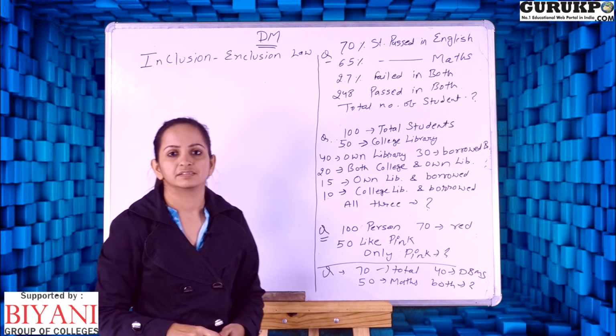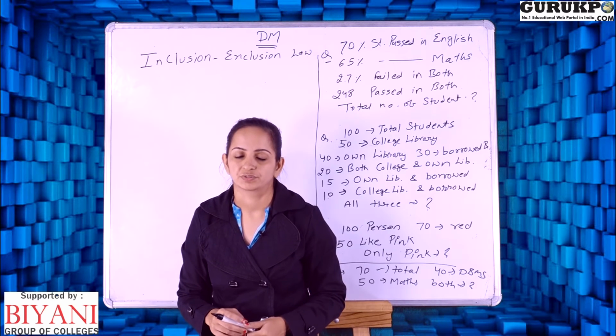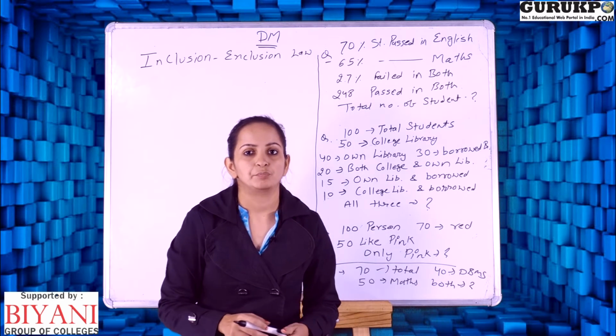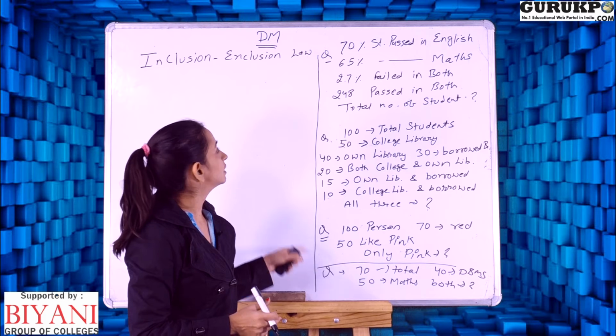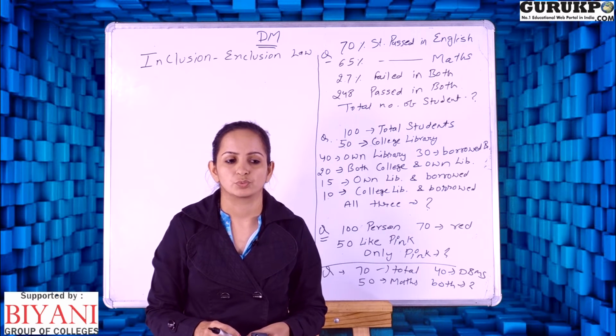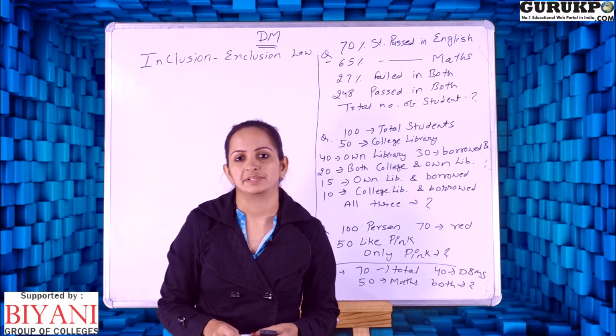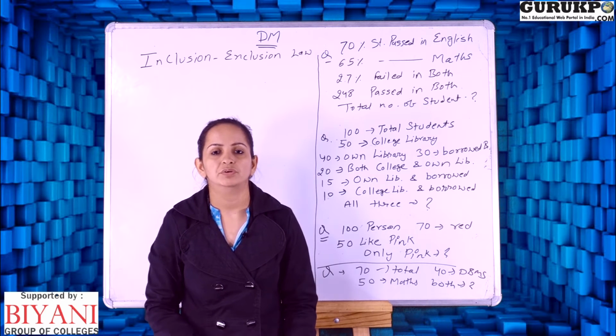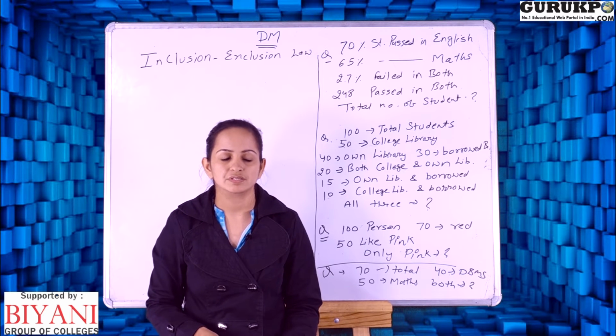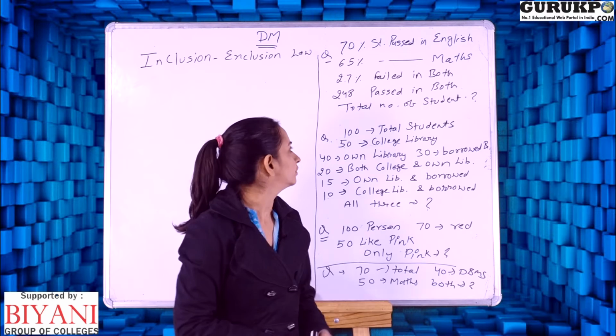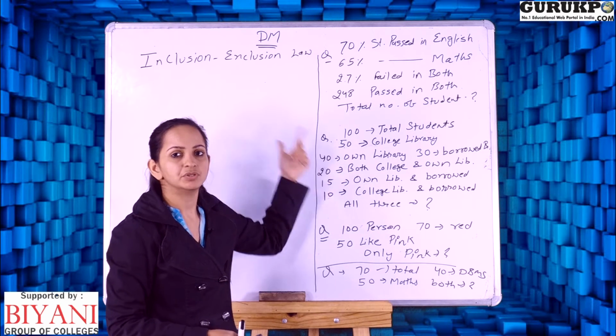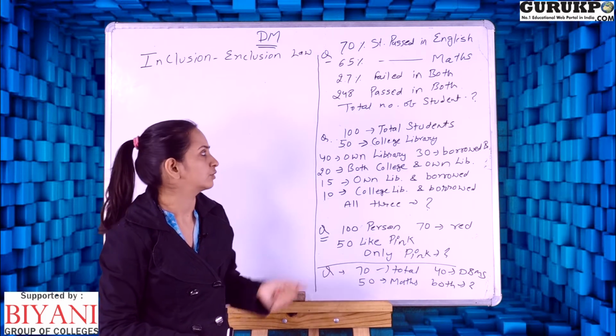The next law is the law of inclusion and exclusion. This is a very important law because it is also important for BCA and MCA students as well as for competition exams, because in competition exams you can find questions related to this law. You can find this type of questions which can be solved with the help of inclusion and exclusion.